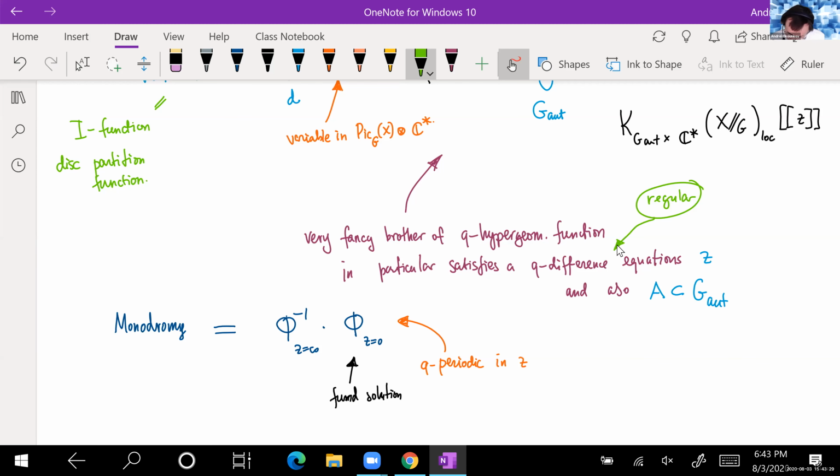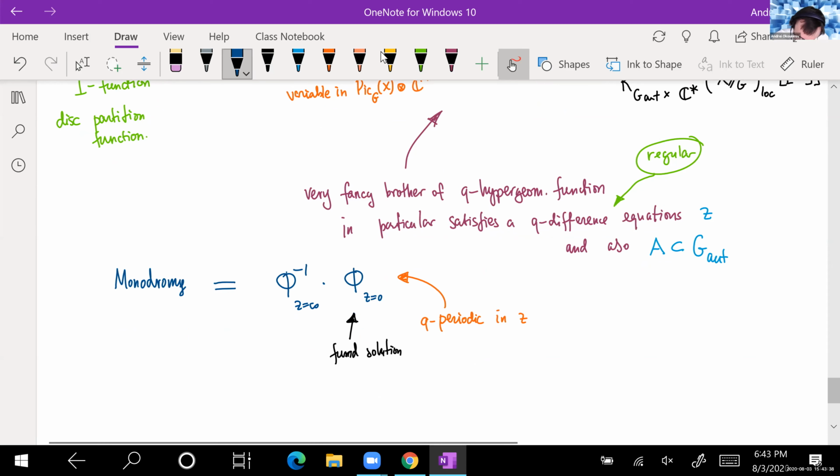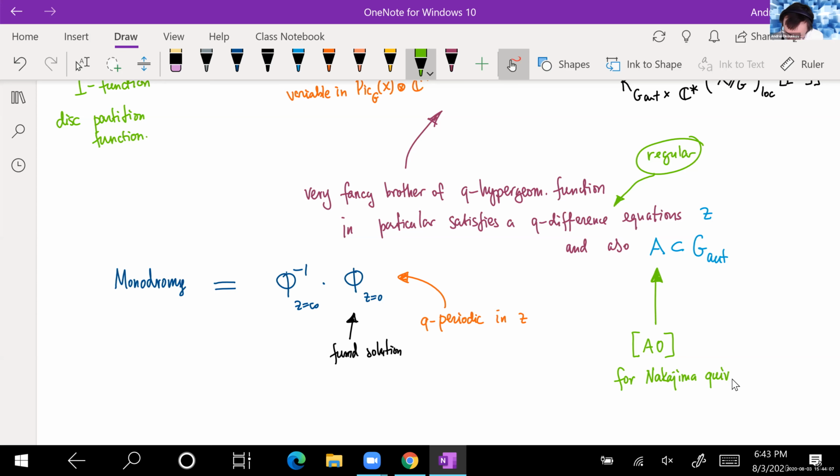And in this paper with Mina, we already studied this in the variable A, and we already solved that problem. We studied it for Nakajima quiver varieties, already very broad.